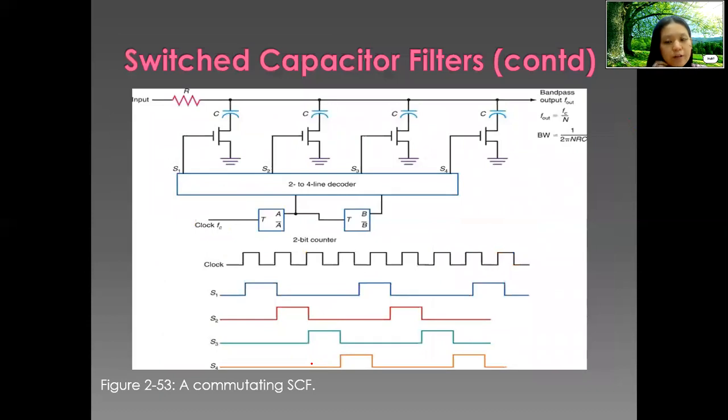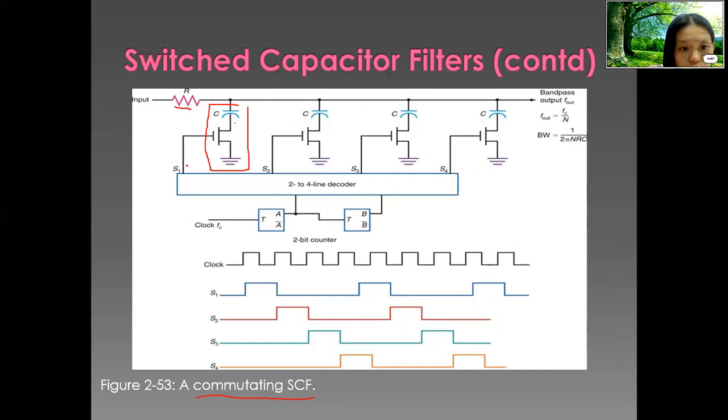Okay, now we go to the switched capacitor filter, and here we will have an input. This one actually is a commutating switched capacitor filter, and we will have an input of R, C. Here is our switched capacitor, and it is in cascade, so it's a commutating of the switches.